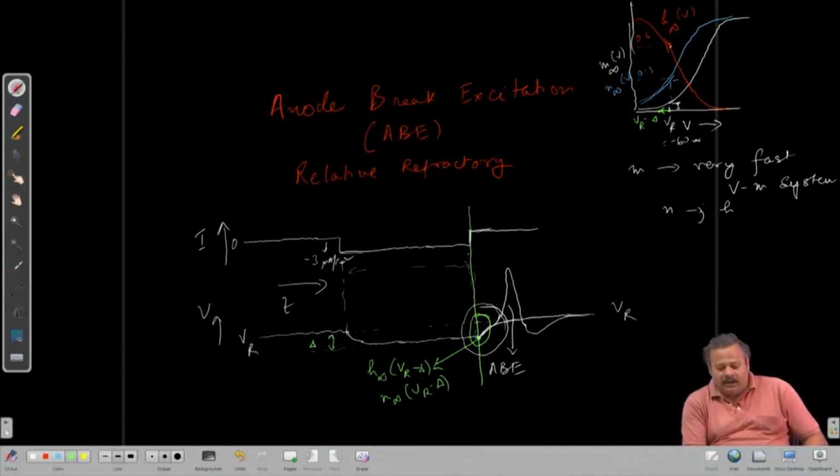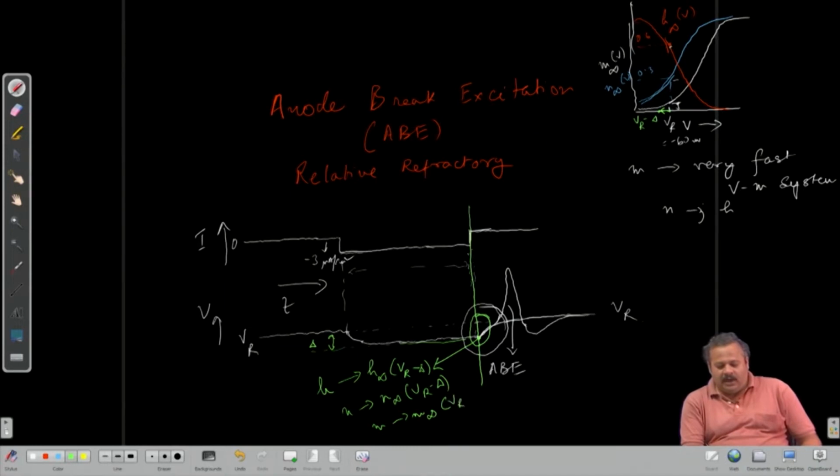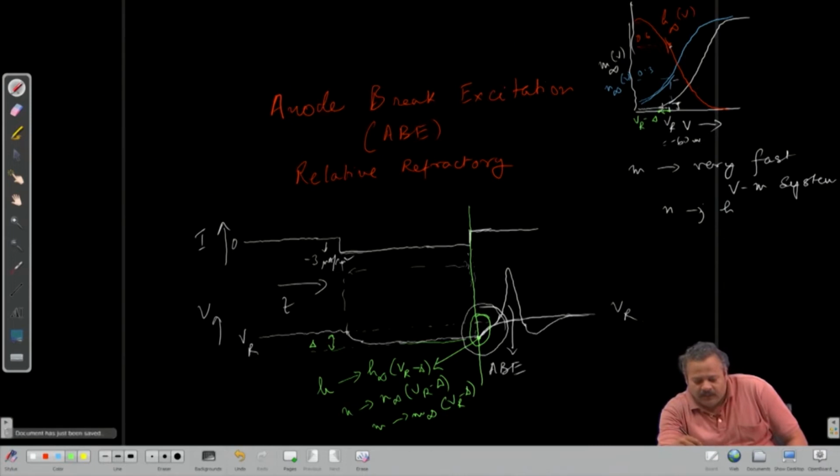Since we are holding it for a long period of time, we can say H has reached its steady state value and n has reached its steady state value, and obviously m is very fast, so it must be at its steady state value, m infinity of VR minus delta. So what are those values?